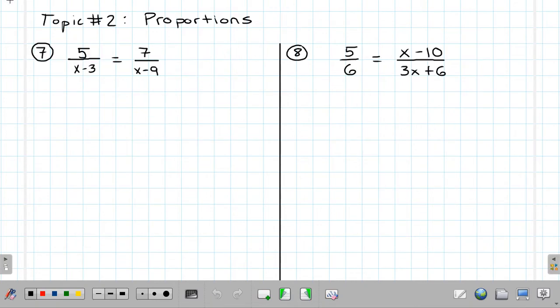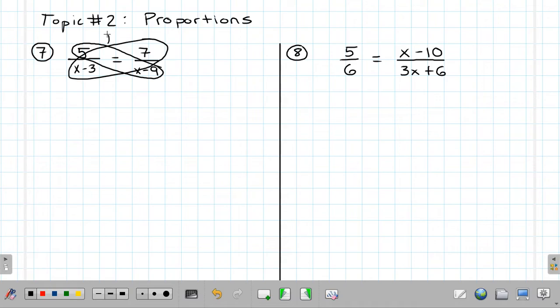And this is one I think most people have an easier time with, but it kind of makes no sense to me, because whenever you solve a proportion, as you'll see, you'll actually end up with an equation kind of like what we just had in numbers 1 through 6. So what I mean by that is number 7. As with all proportions, how we start them off is we do cross multiplication.